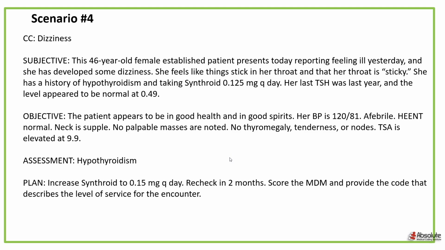TSH is elevated at 9.9. Assessment: hypothyroidism. Plan: increase Synthroid to 0.15 milligram per day. Recheck in 2 months. Score the MDM and provide the code that describes the level of service for the encounter.